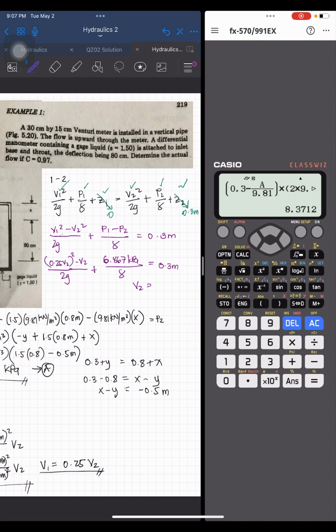Sorry, mali yata ako. Ay, tumutan ko pala ito. Naka-square pala ito. Yeah. Then, we'll get the square root. The answer is 2.8933.